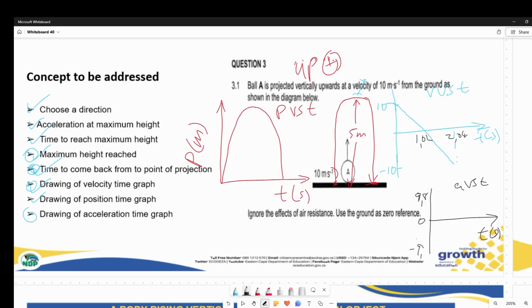So it's negative 9,8, and this is acceleration in meters per second squared. Remember, we took upward as positive, so acceleration is always going downwards. So our graph is supposed to be a downward straight line like that.